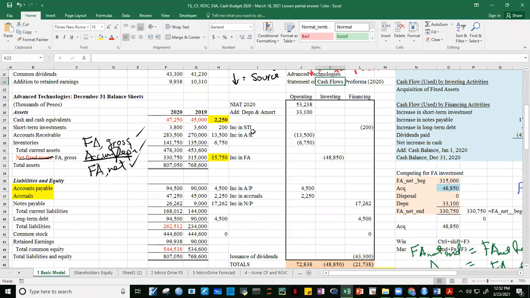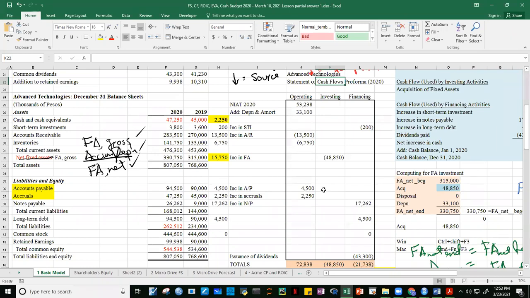What's important is to be able to identify the changes in your balance sheet and what it affects, either operating, investing, or financing. Any account that involves interest falls under financing. Operating activities like accounts receivable and accounts payable fall under operating. Investing usually takes the form of your property, plant, and equipment.